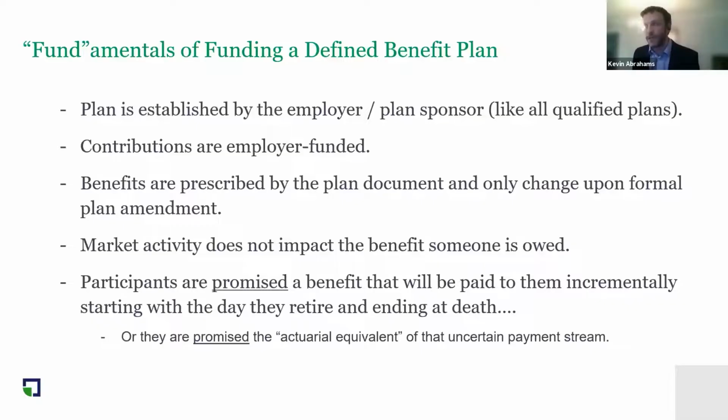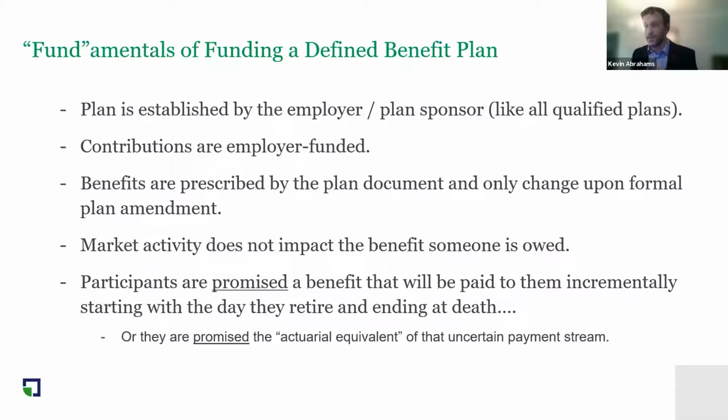In a defined benefit plan, as the name implies, the benefits are defined. So you look at a plan document, it doesn't say, oh, in any given year, John Smith can have a benefit of whatever I say it is, or depending on my profits this year, John Smith is owed a benefit of $100 per month for the rest of his life, or whatever the formula is in the plan.